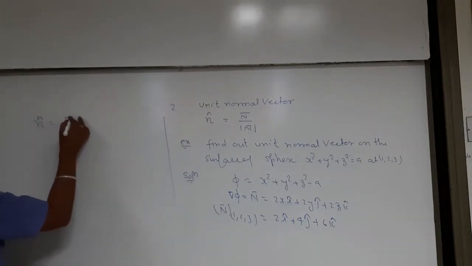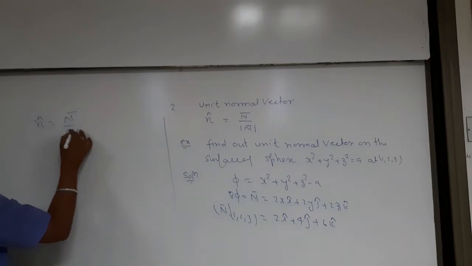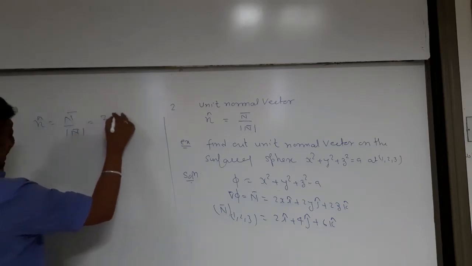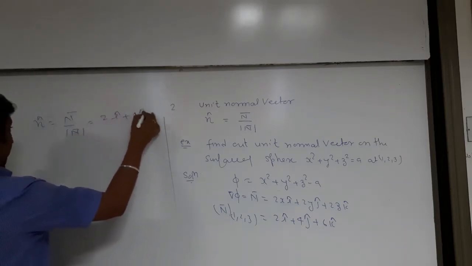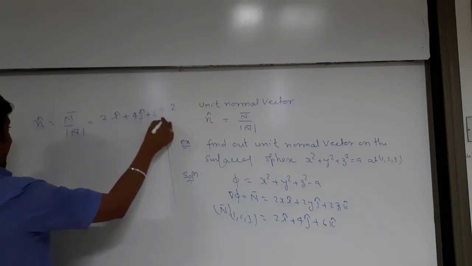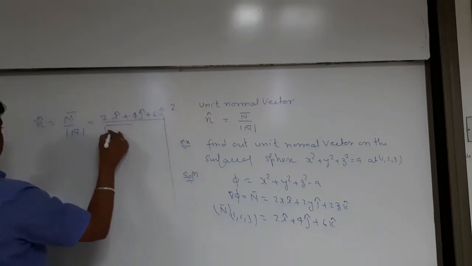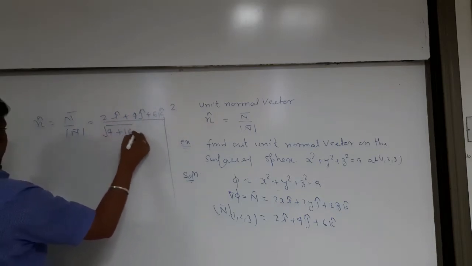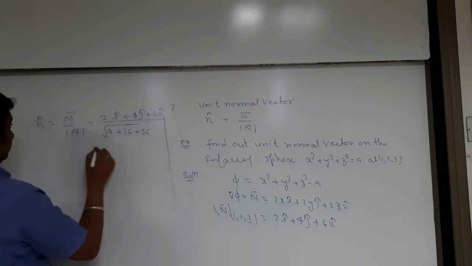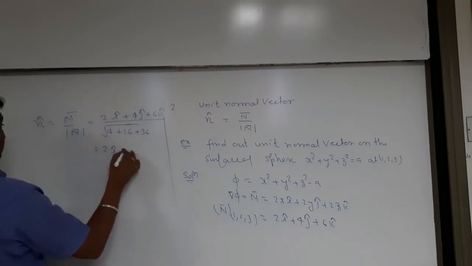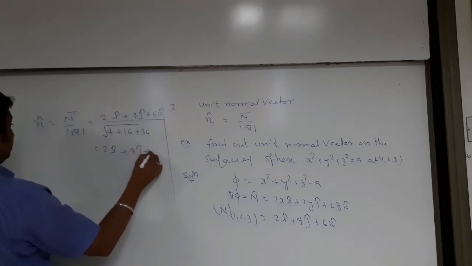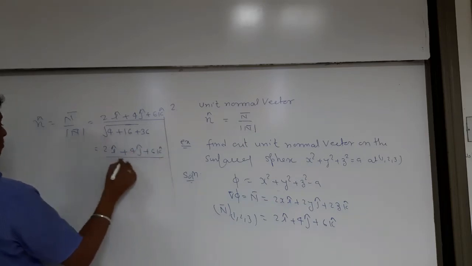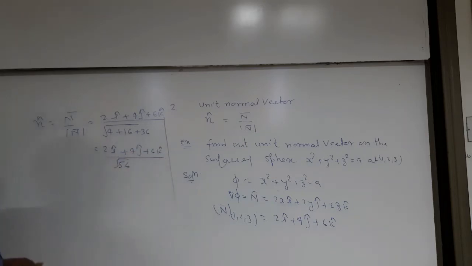N cap is n vector upon mod n, which means 2i plus 4j plus 6k divided by root 56. So this is the second application.